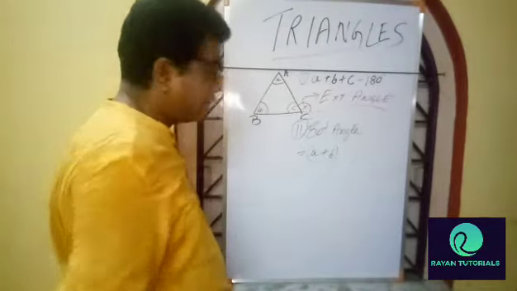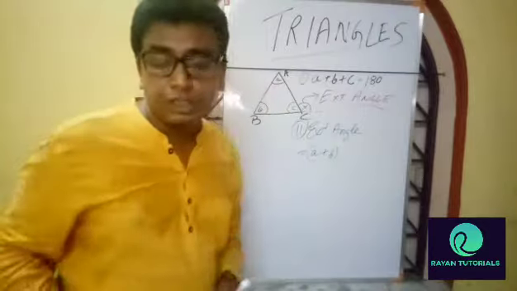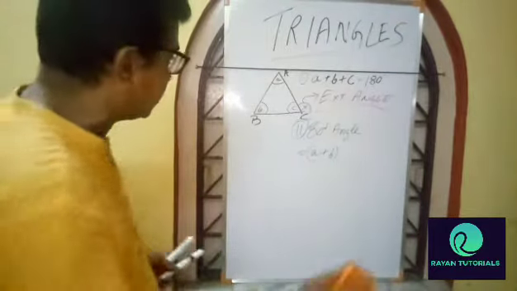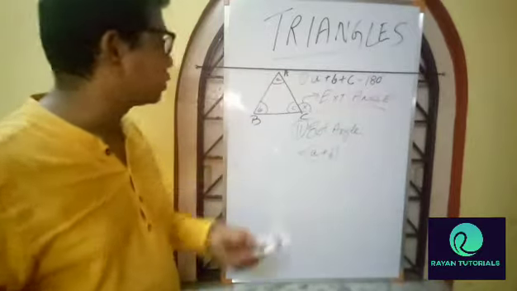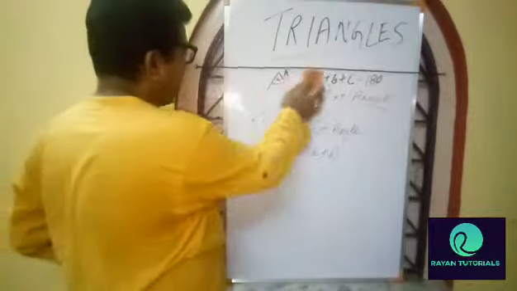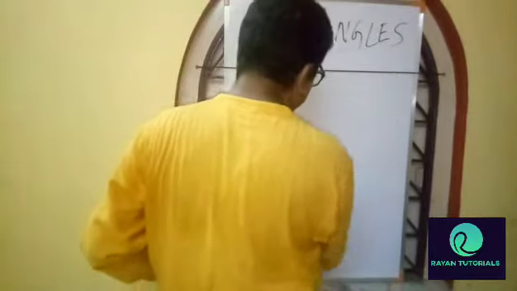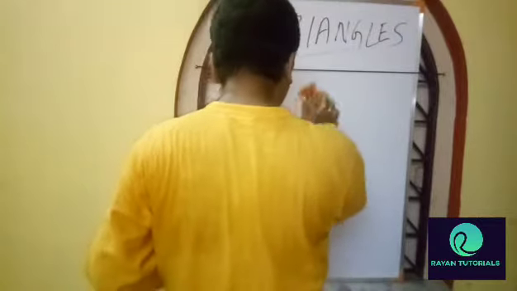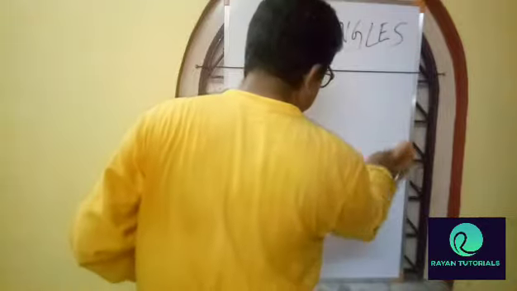A and B. So the exterior angle is equal to the sum of the opposite 2 internal angles. Clear? Want to note it down? Please note it. Clear? Okay. Slowly we are approaching class 9, class 10's numerics.